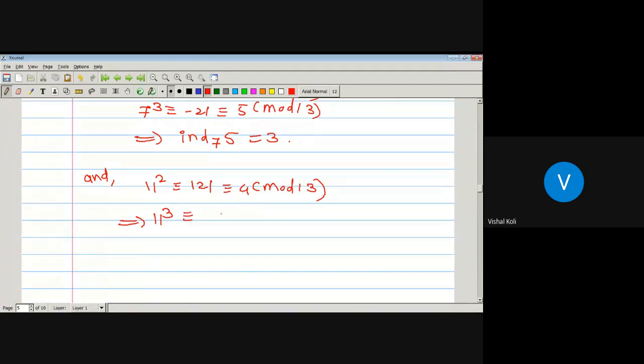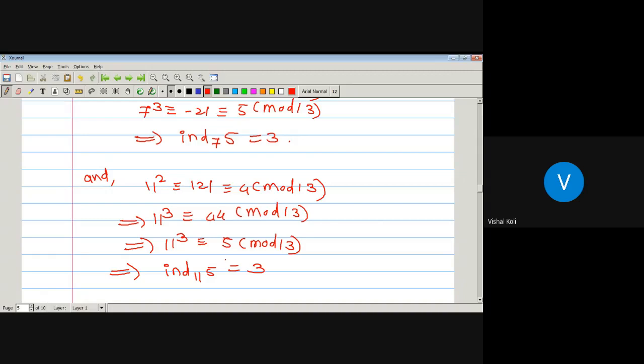What is the value of 44 over modulo 13? Five. Which is 5 modulo 13. Okay, so here the index of integer 5 relative to primitive root 11 is equal to 3.